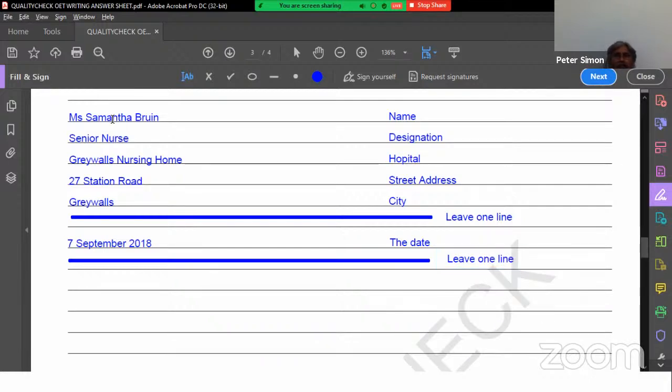So many people, what they do is they write the date first. They say it's okay. Yes, it's okay. I'm not saying it's wrong. It's okay. But which is the most appropriate one?